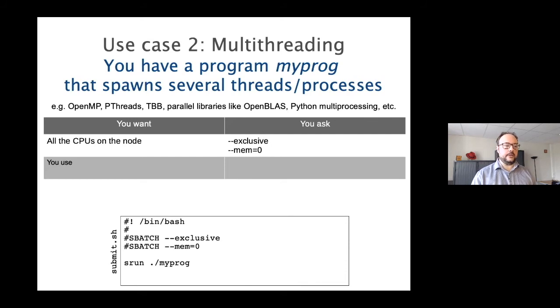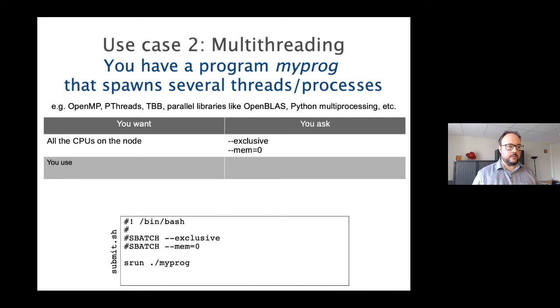If you specify --mem=0, what you are telling Slurm to do is to allocate all the memory of the node to your job and not kill the job because of memory usage. So if you are only interested in using a full node and your program is able to detect how much memory and how many CPUs the node has, you can run it like this with --exclusive and then --mem=0.